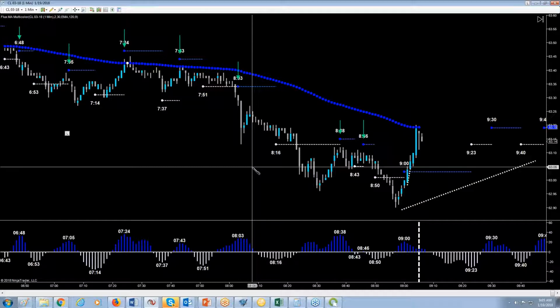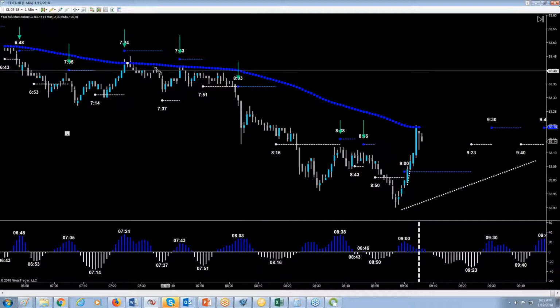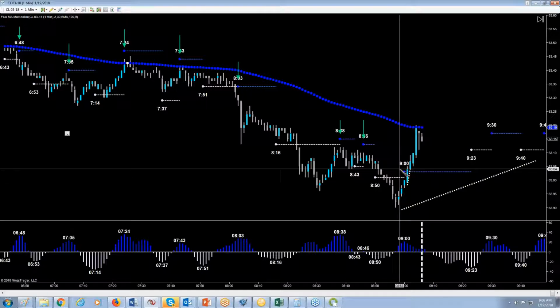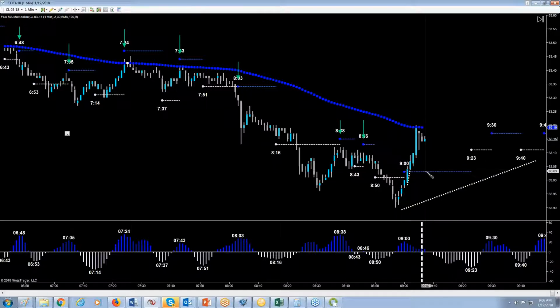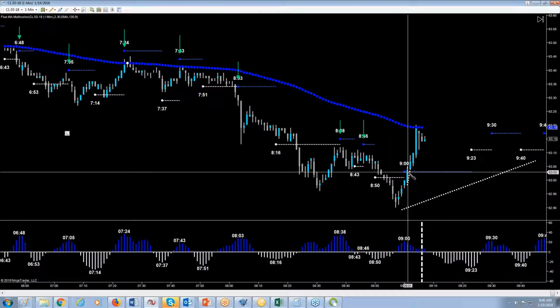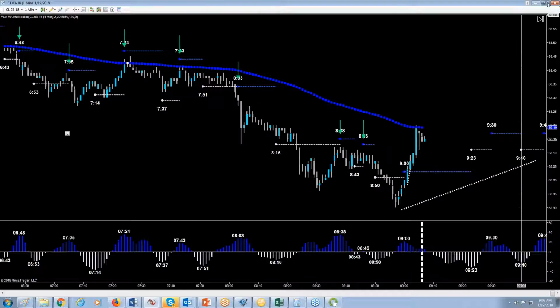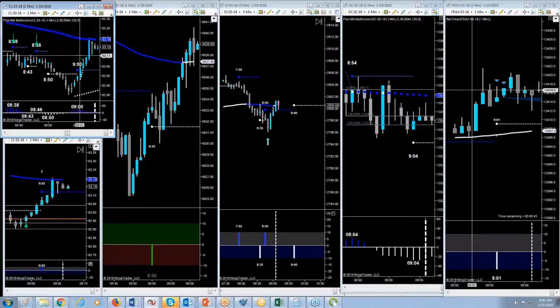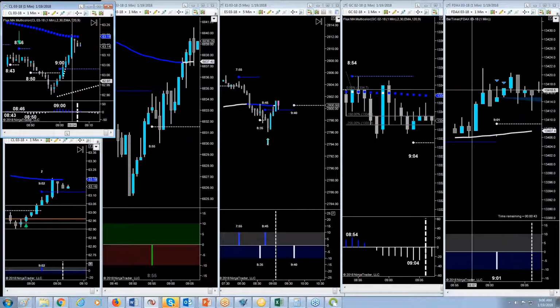So using Prime, the first break occurs at 9:01. There's no way to anticipate that, but when it happens, it tells us that the sellers were supposed to be here and they weren't. So useful technique. We'll see if we get that chance here in a second.